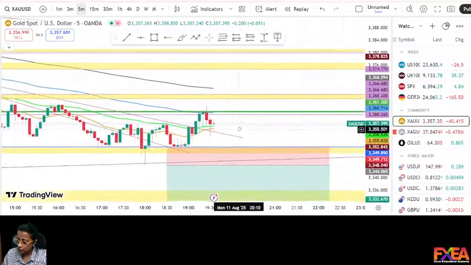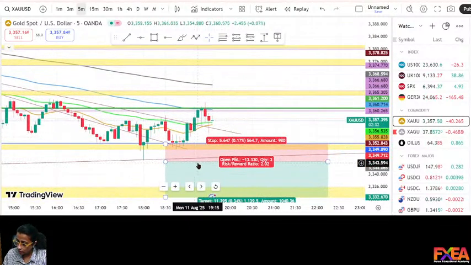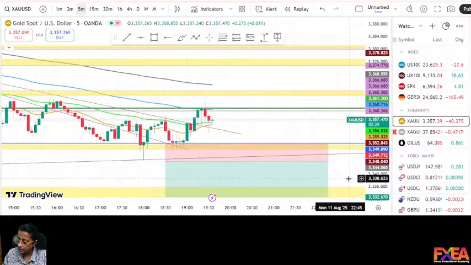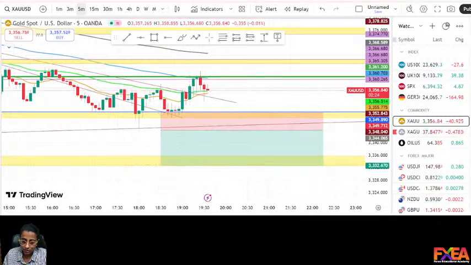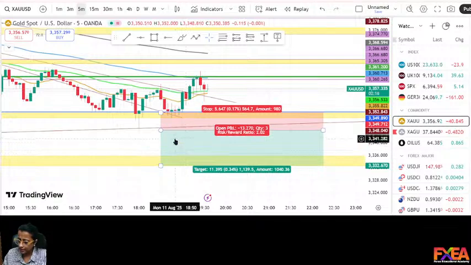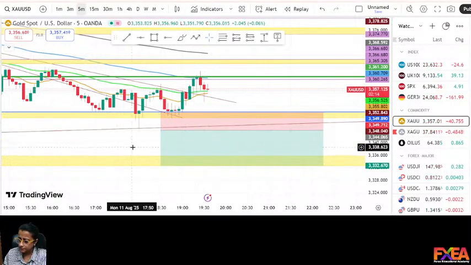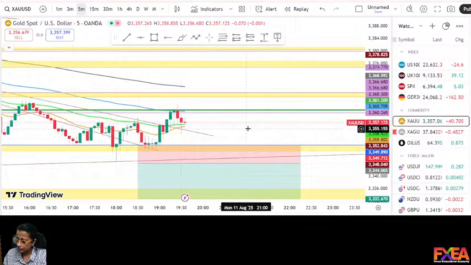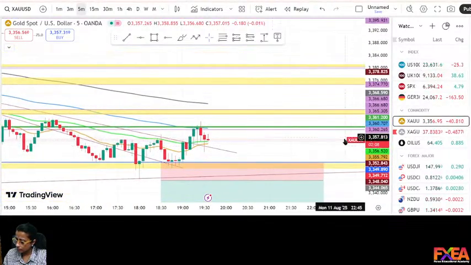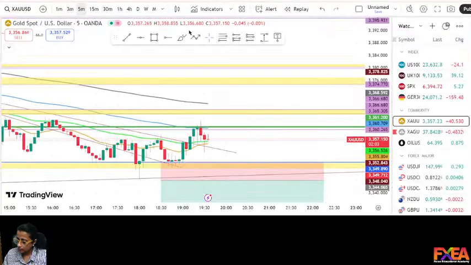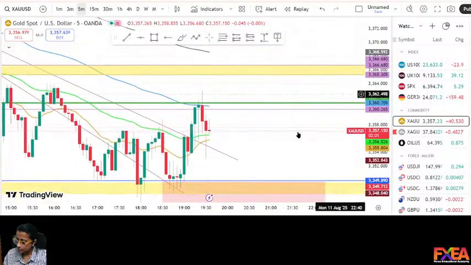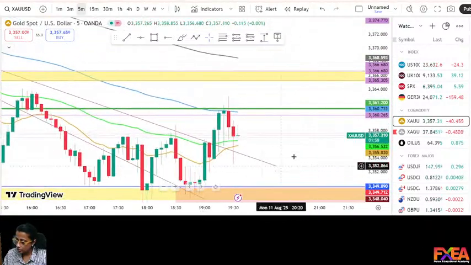If it is further crossing down this trend line downwards, you can take a bearish trade downwards to this level, where we have some other higher time frame level located here. I just took only one micro lot here.